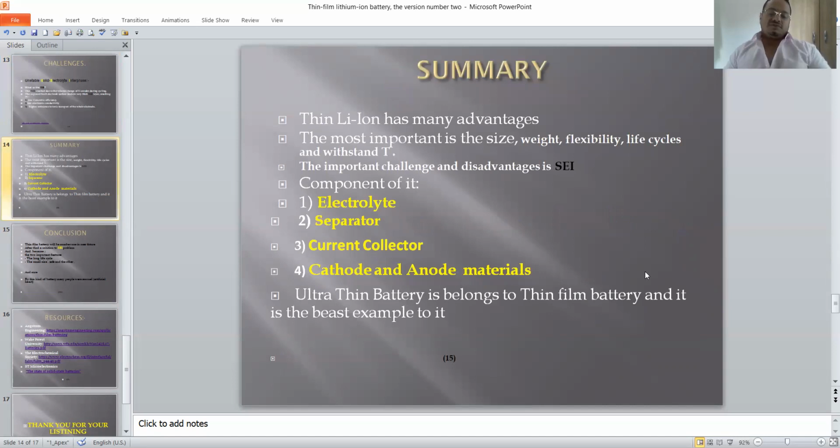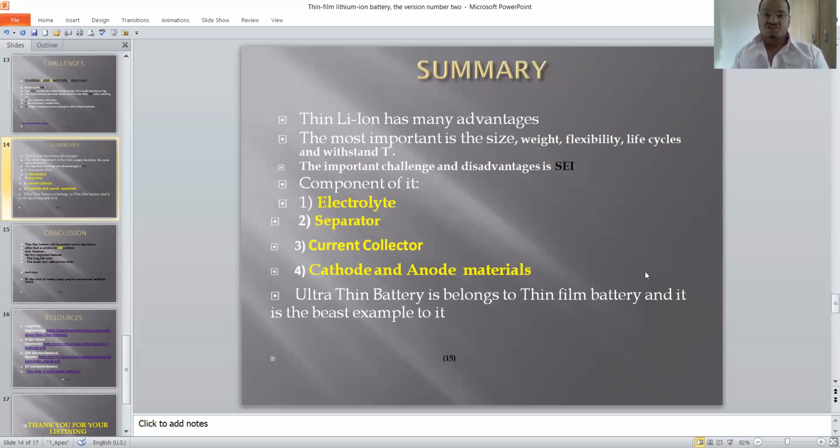Now, after all this great information about lithium-ion batteries, let me do something like a summary. The lithium-ion has many advantages, like I said before. Actually, it's rich in advantages, features and benefits. The most important: the size, weight, flexibility, life cycle, like I said, and the great last one is withstand temperature.